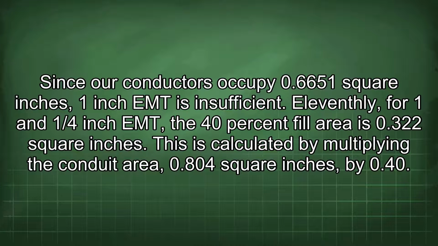11thly, for 1 and 1/4 inch EMT, the 40% fill area is 0.322 square inches. This is calculated by multiplying the conduit area 0.804 square inches by 0.40.